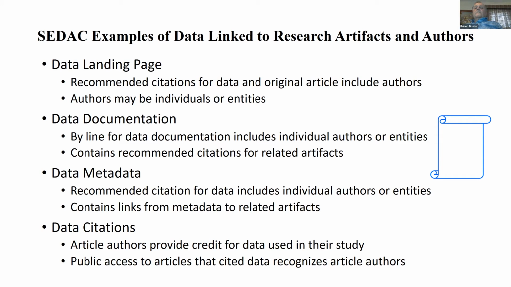Then regarding data citations, your article authors are providing credit for the data they used in the study, hopefully. We're trying to get that to be taken up more and more. There are some carrots involved here: by publishing on a repository the citations for data, and then providing public access to those articles and the references to the data, that provides recognition and gives credit to the article author.